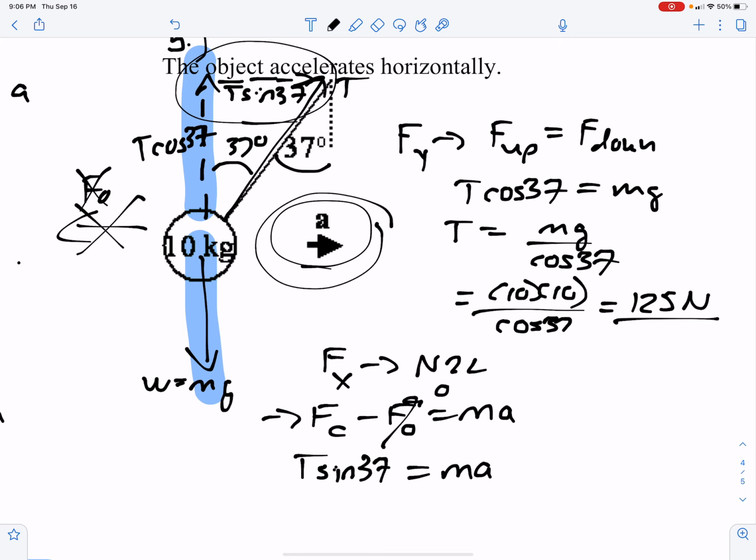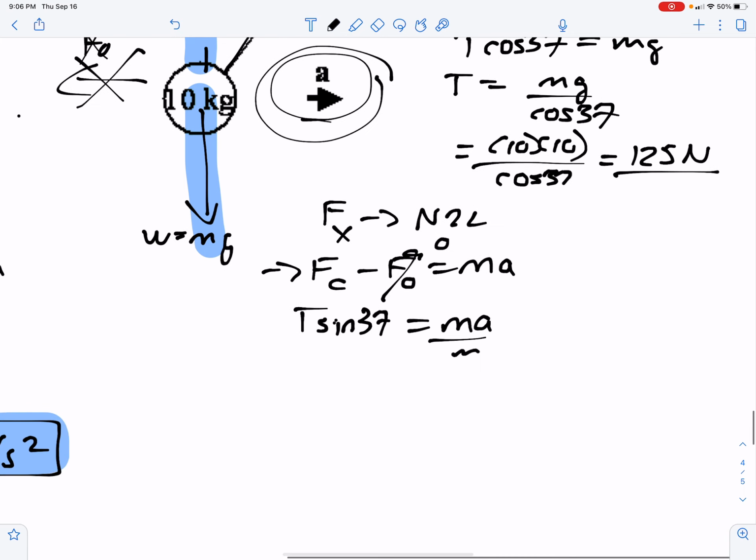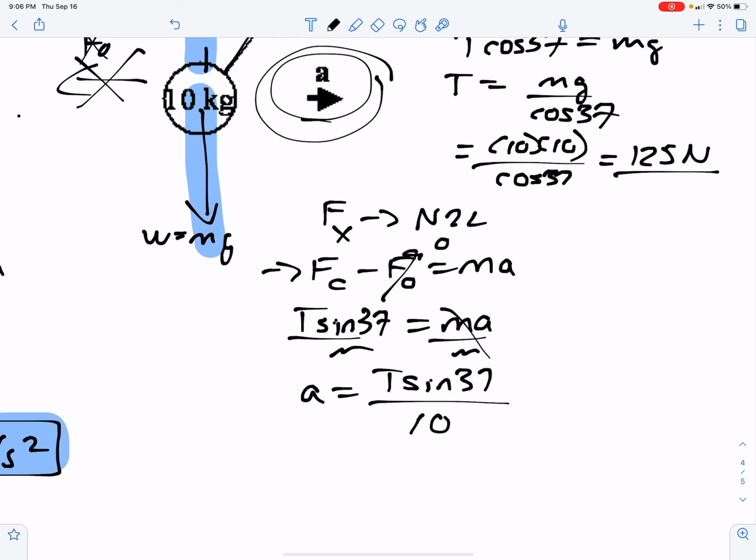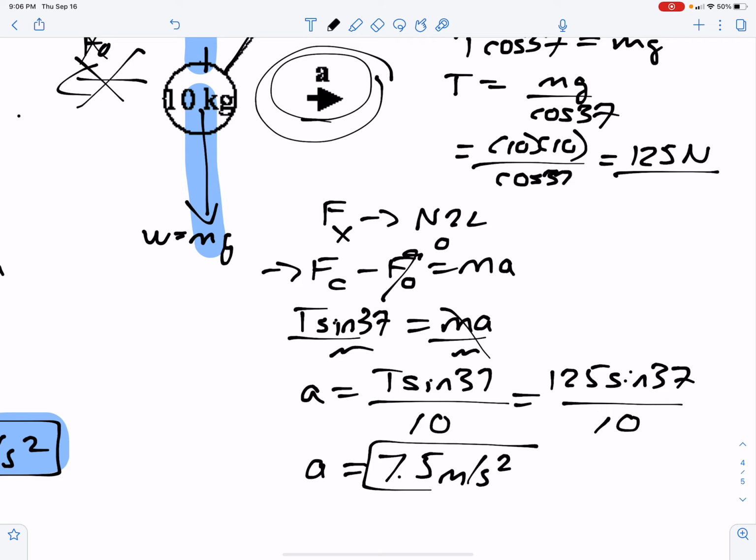And that's equal to ma. Divide away the mass. And a is equal to T sine 37 over 10. So 125 sine 37 over 10. It's roughly about 7.5 meters per second squared.